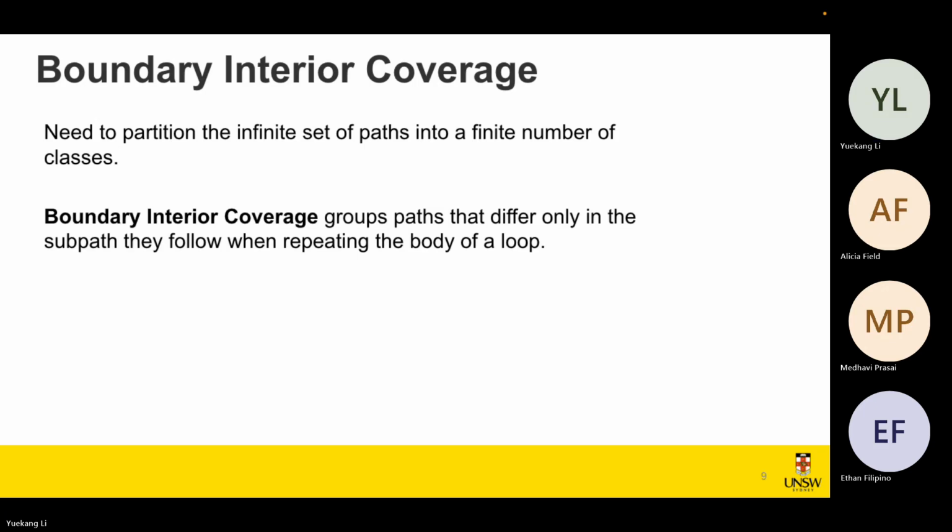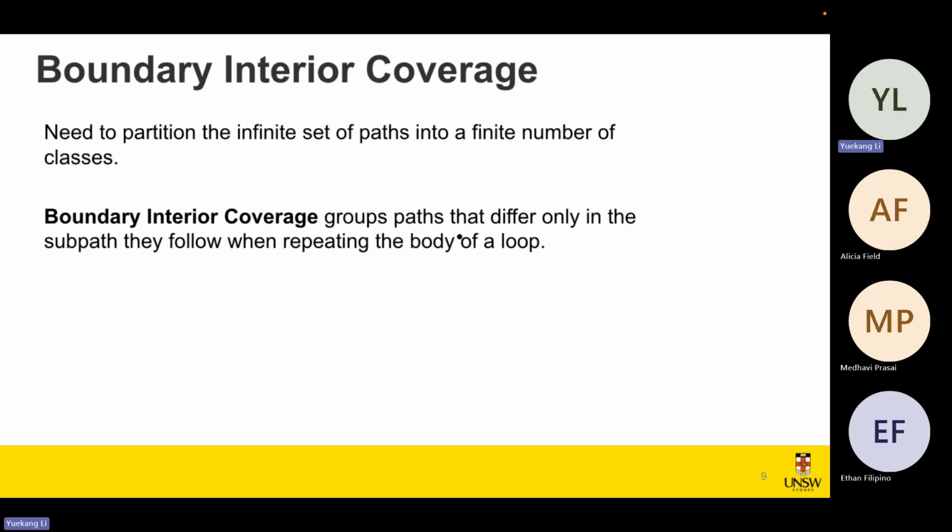For boundary interior coverage, we group the paths that differ only in the subpaths when following the repeating of the body of a loop. Let me try to make it simple.